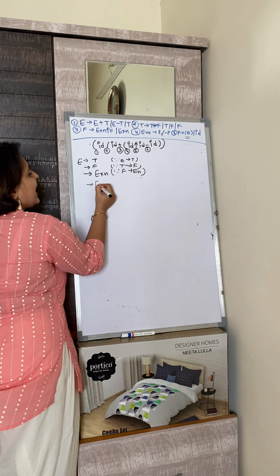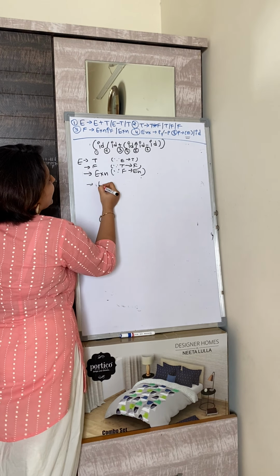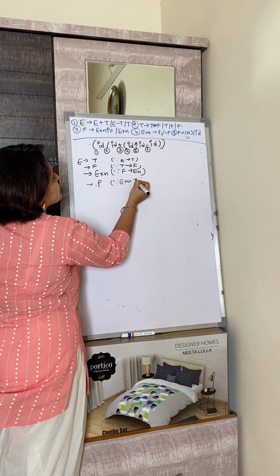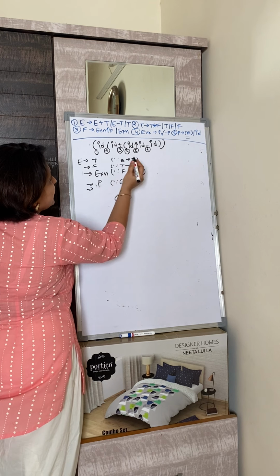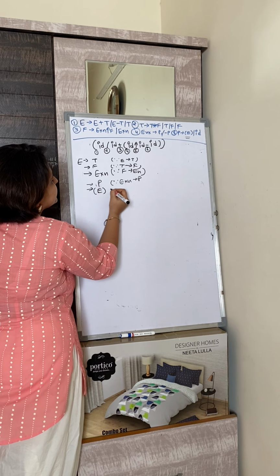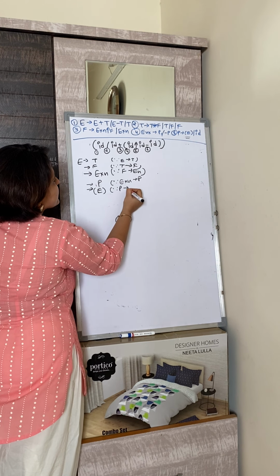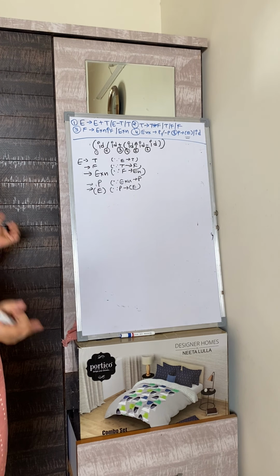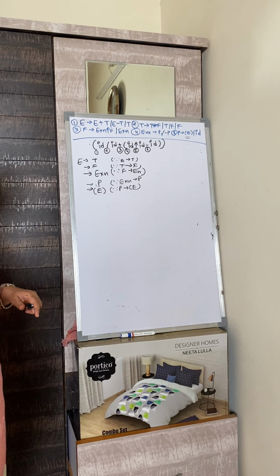EXN derives bracket P because EXN derives P. Then P derives bracketed E because P derives bracketed E. Fine. So that is the outer bracket that has been explored first.